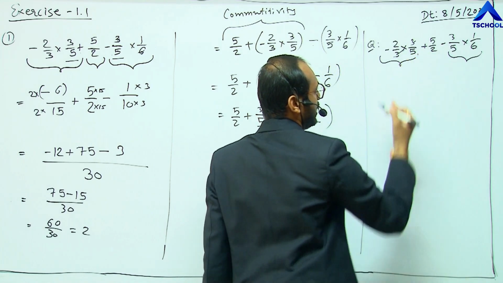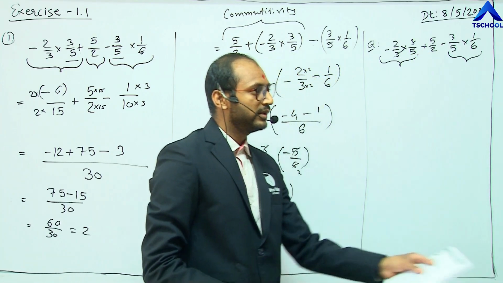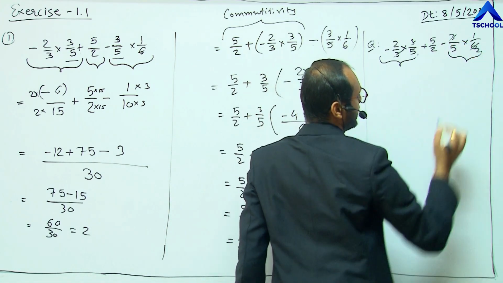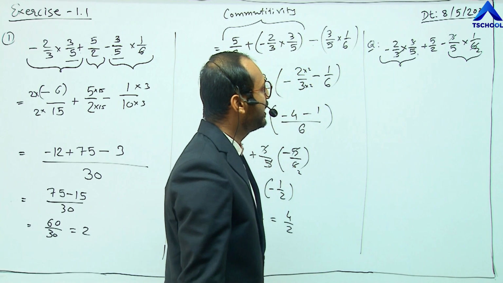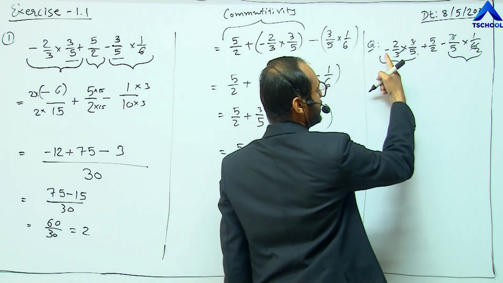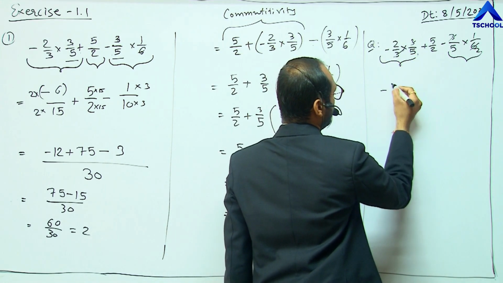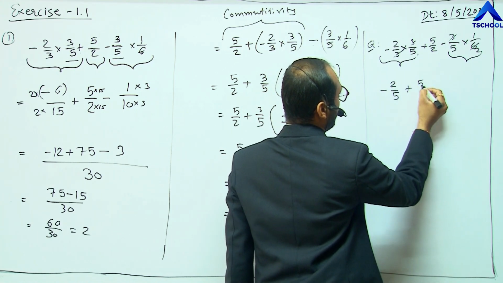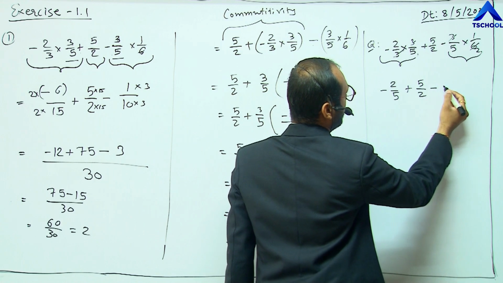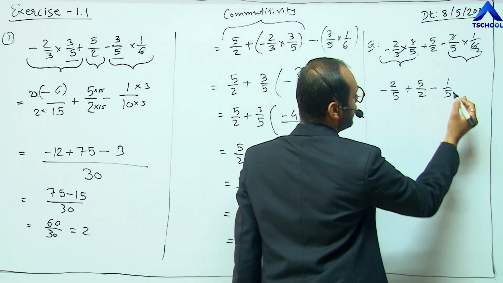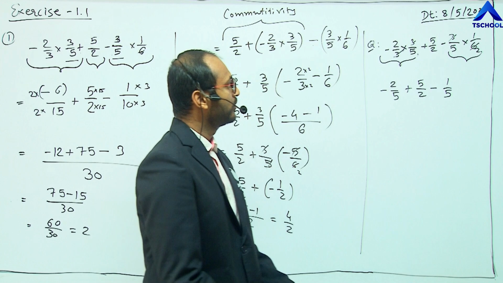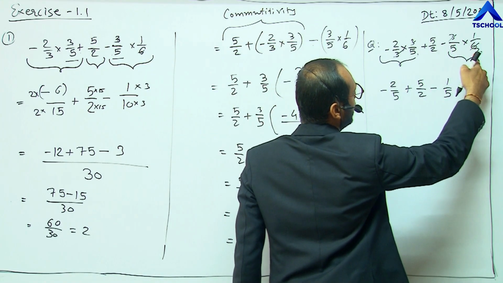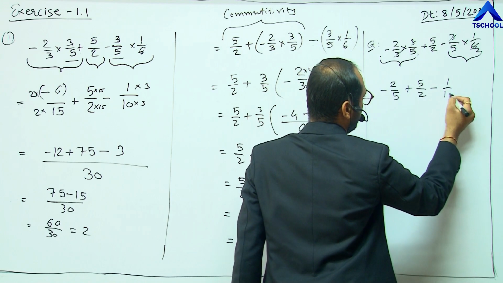Here 3 and 3 will be cancelled out. In the second term 3 2s are 6. So what is remaining? Here is minus 2 by 5. Minus 2 upon 5 plus 5 by 2 minus 1 upon 5 into 2. So here remaining is 10.